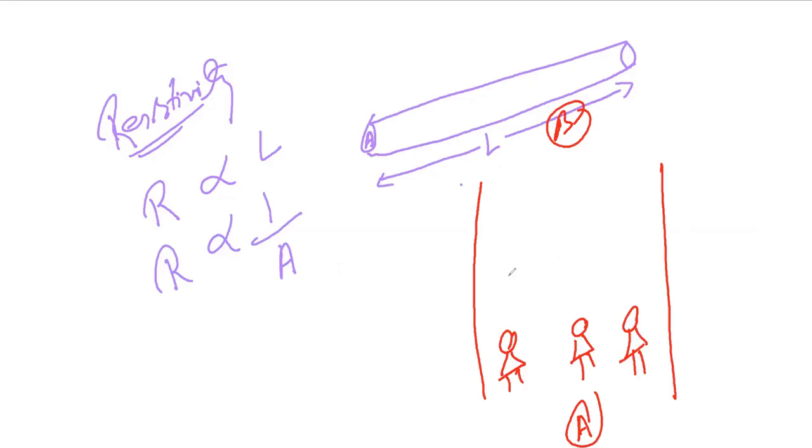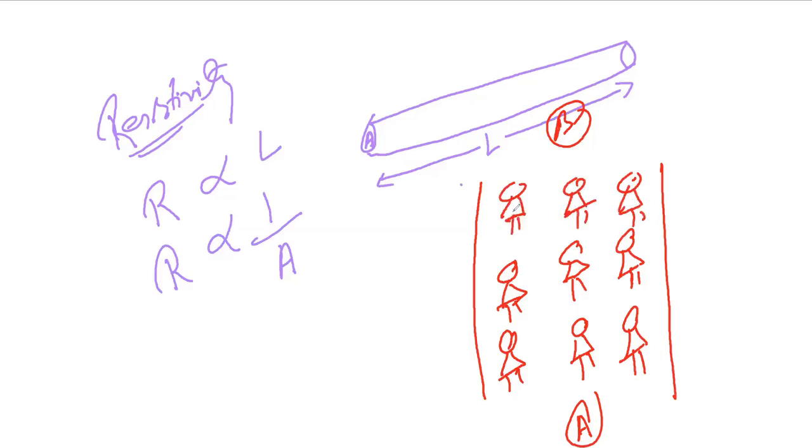Let me draw it. I understand area, but not length. No, but explain it in terms of electrons. Okay, so if you want to move from A to B, it will be easier for you on the shorter path, because the length of the wire is less.